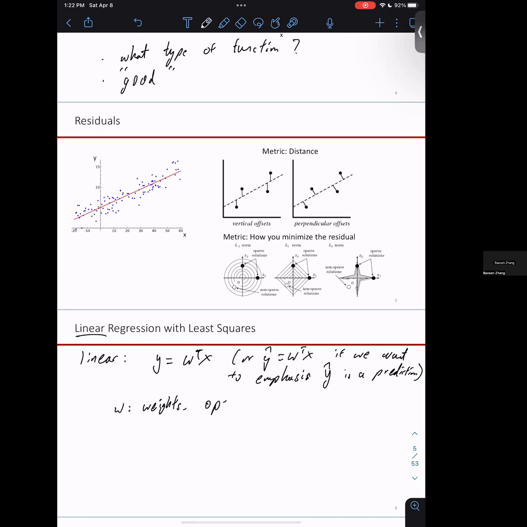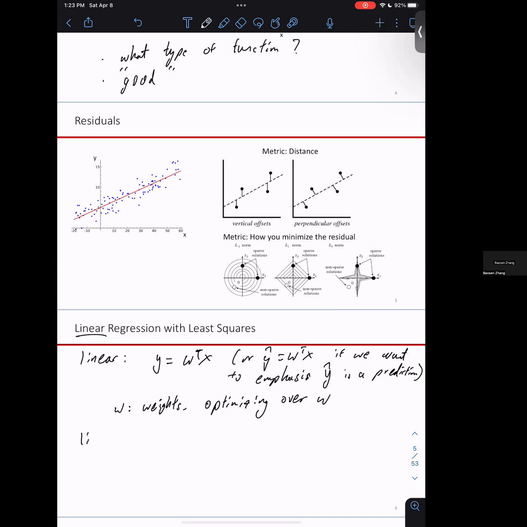and we're optimizing over w. So we want to find the best set of weights that will minimize some error. And the error we try to minimize is basically the least squares error, the difference between the y you observe versus the y that you predict.